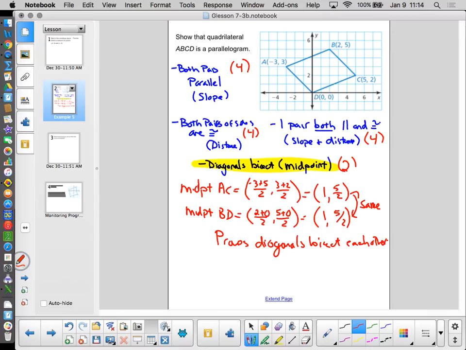You have to prove it, okay? We aren't writing two-column proofs here, but you actually have to prove it by demonstrating what it is you're measuring. Midpoints, we're saying what we're measuring, and then stating a conclusion about what we found. So that would by far be the easiest way to prove that's a parallelogram.